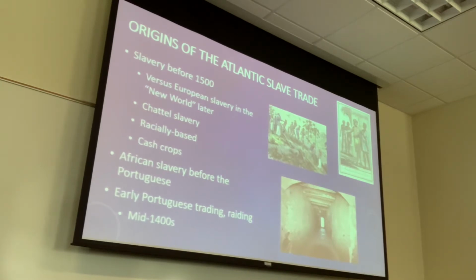In other words, if you look at what I just described as what slavery is going to be in the New World, that's not what it looked like either in Africa or in the Arab Muslim world. What we see is qualitatively different. Qualitatively meaning, what is the nature of it? What is it like? What we're going to see is very different. And the numbers are going to be different too, meaning quantitatively, it's going to be dramatically different because of European demand for slaves.